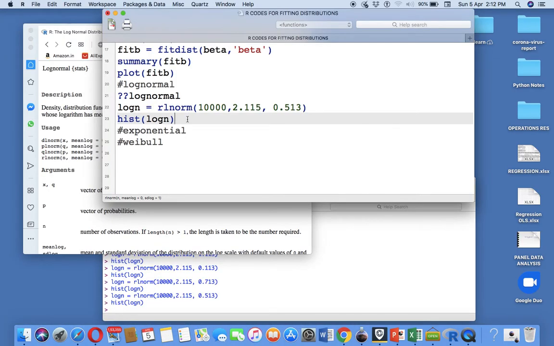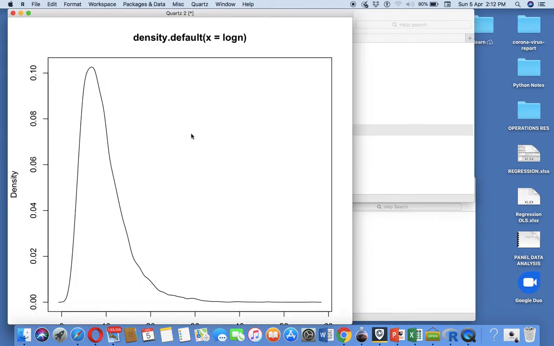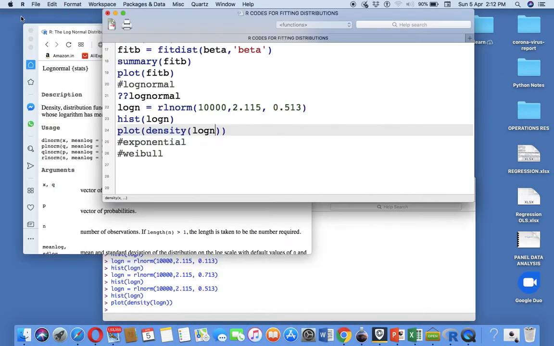Then the next thing I always do, in the same sequence, is I plot to get the density, because this is the data which I generated. There you are. So we get a log normal distribution that is skewed depending on the data.